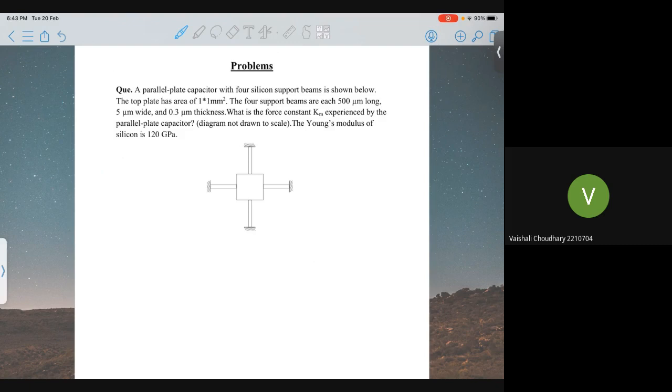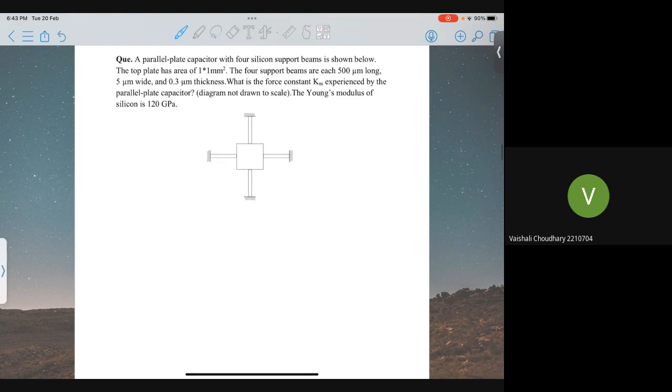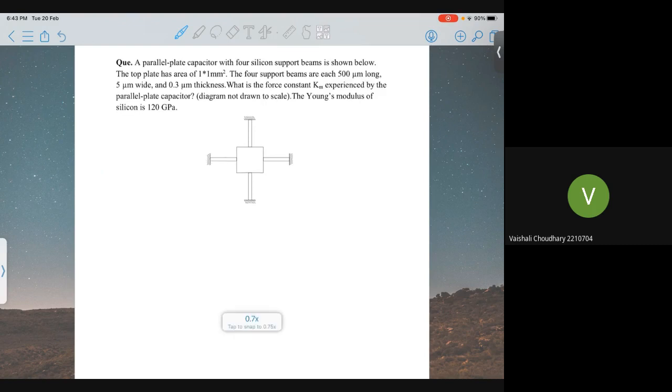So what is the force constant Km experienced by the parallel plate capacitor? Diagram not drawn to scale. The Young's modulus of silicon is 120 GPa, right? So, very straightforward question.